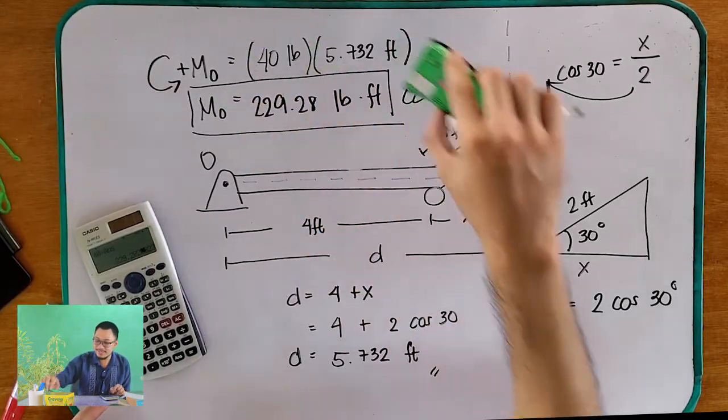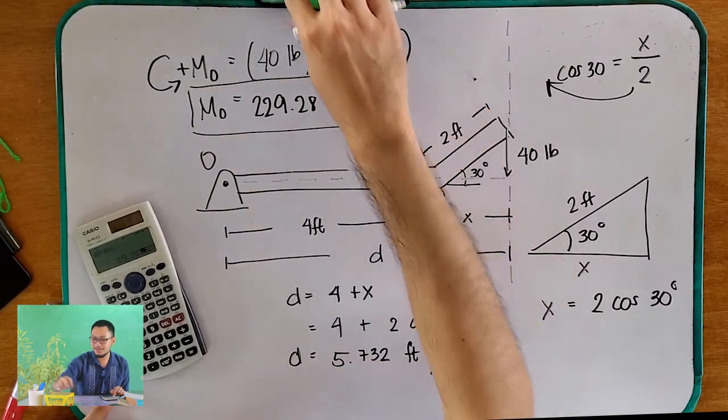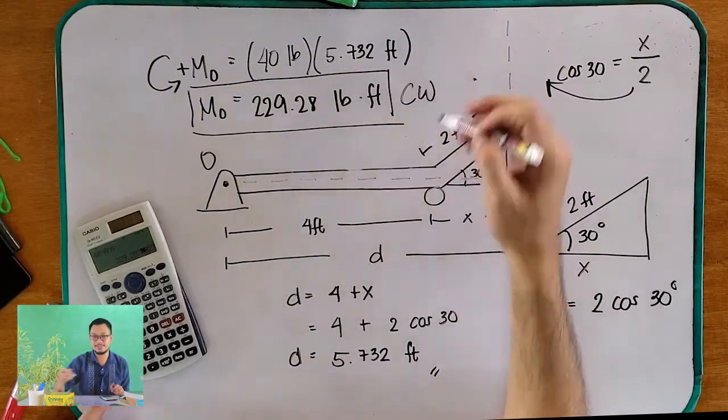But let's just say that all our answers for the moment should be positive, so we erase it and change the direction into clockwise. Since it is negative in counterclockwise, to make it positive, change it to the other direction. Okay? So, that's it.